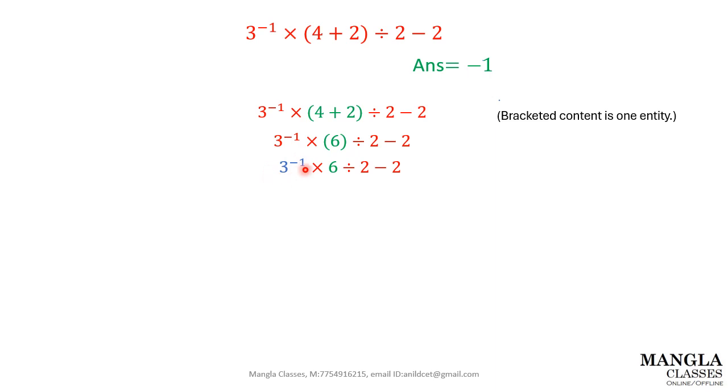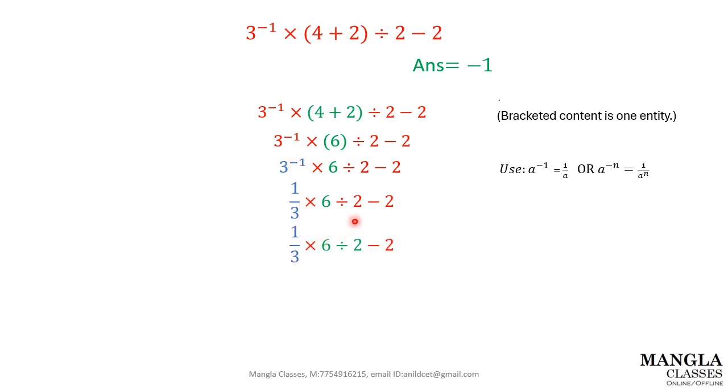Now we will simplify the order term. So 3 raised to power minus 1 is, use the formula which I just discussed. If the exponent is negative, then take the reciprocal of the number. So it gives you 1 by 3. The reciprocal of 3 is 1 by 3, and the power becomes 3 raised to power 1.